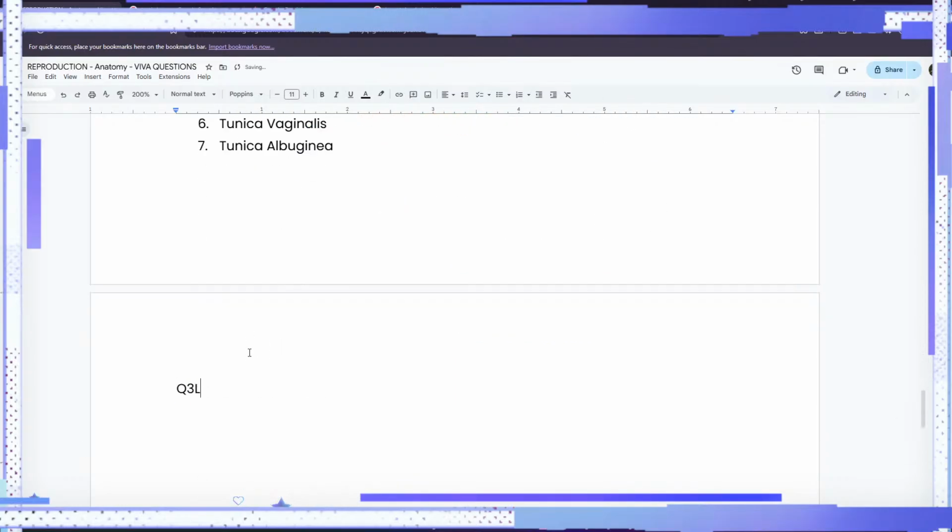So next question is going to be pretty straightforward, and that is the testicular blood supply. So what is the blood supply of the testis?